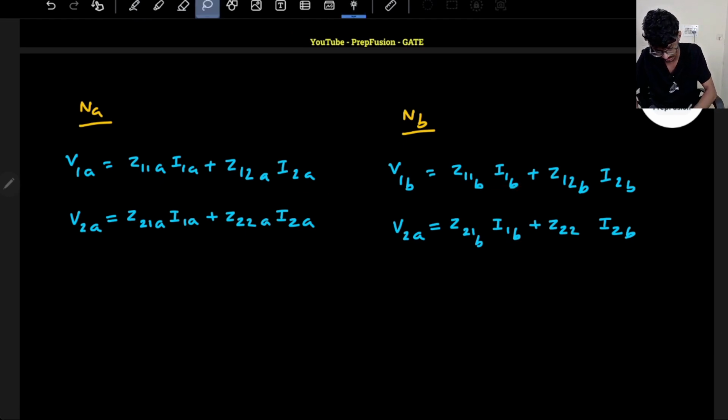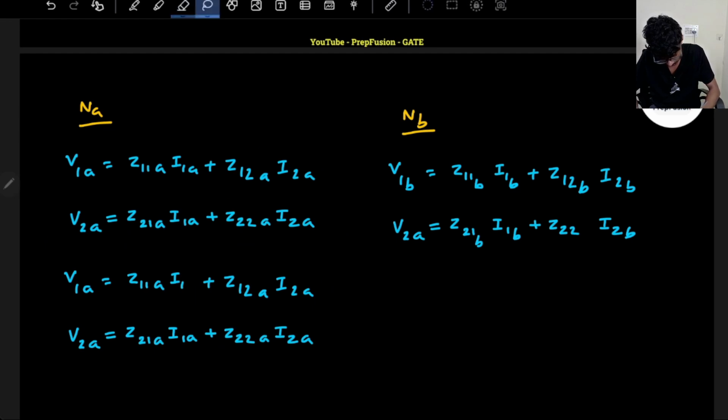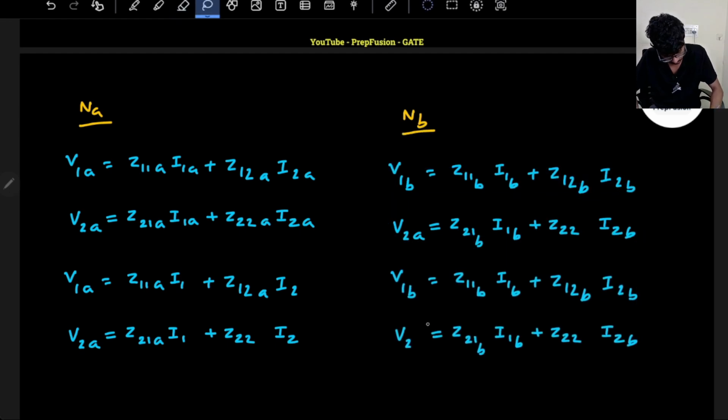So I can change all of this to I1 only, and the same here as well. This will be B, and this will be I1 only, and this will be I2 only.